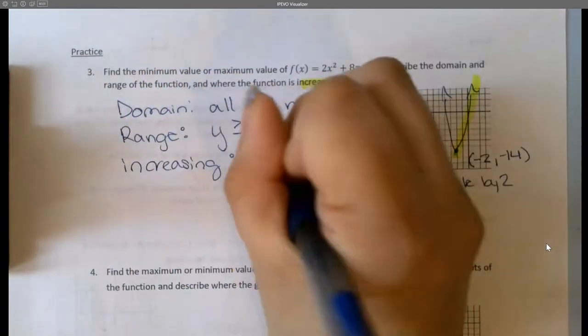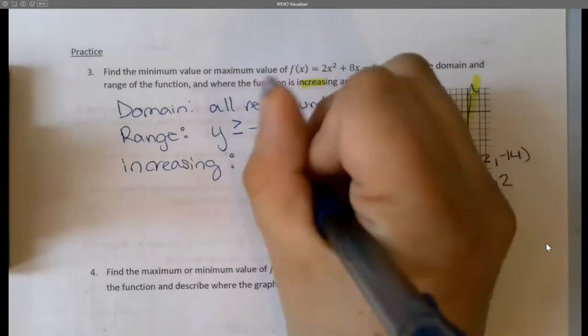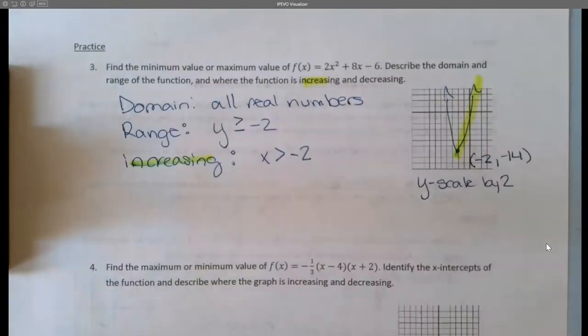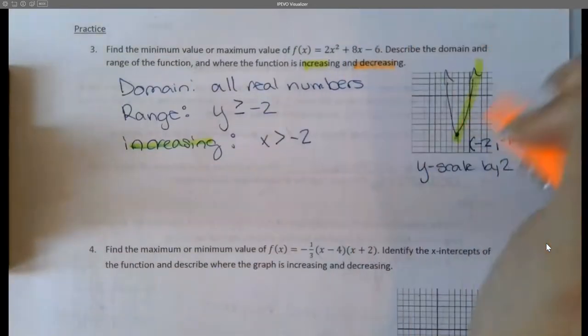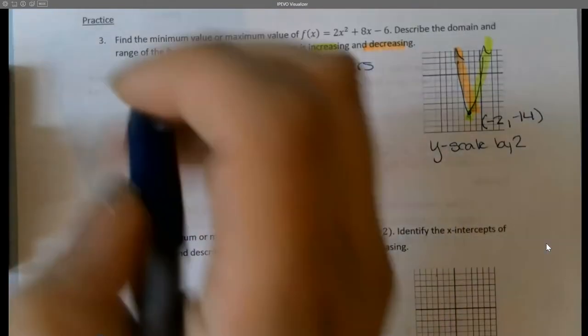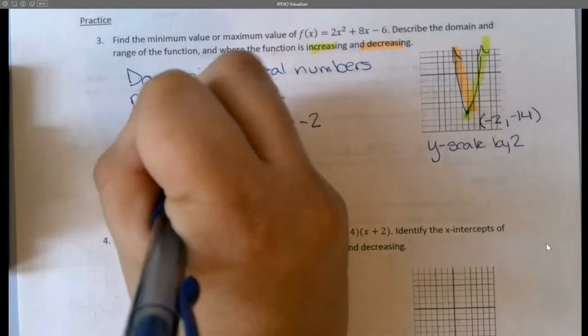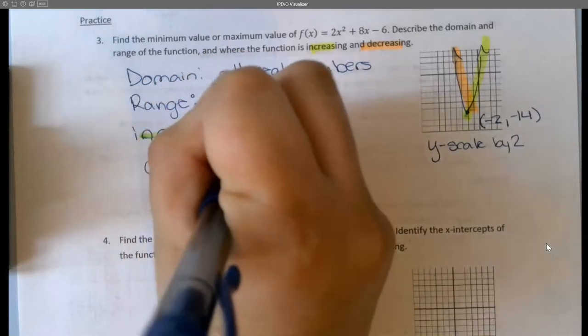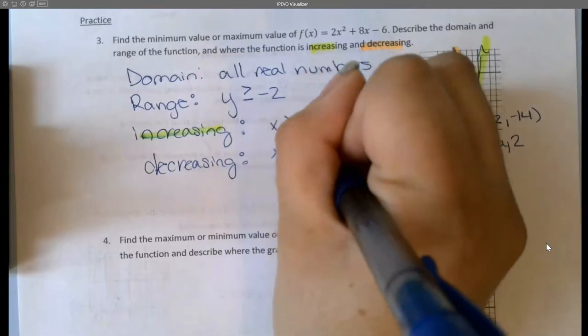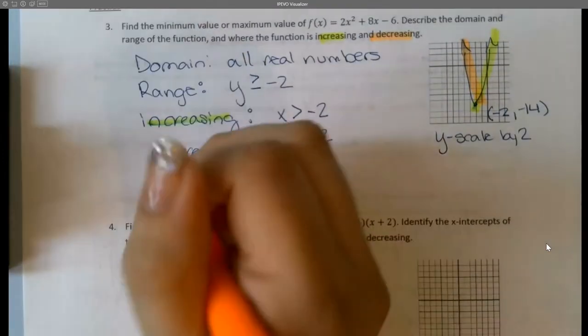This is going to be x greater than, because it's on the right, -2. Then I want to do the same thing for decreasing. So I want to look at the slope going down, which is on the left side. Which gives me x is less than -2 because it's on the left.